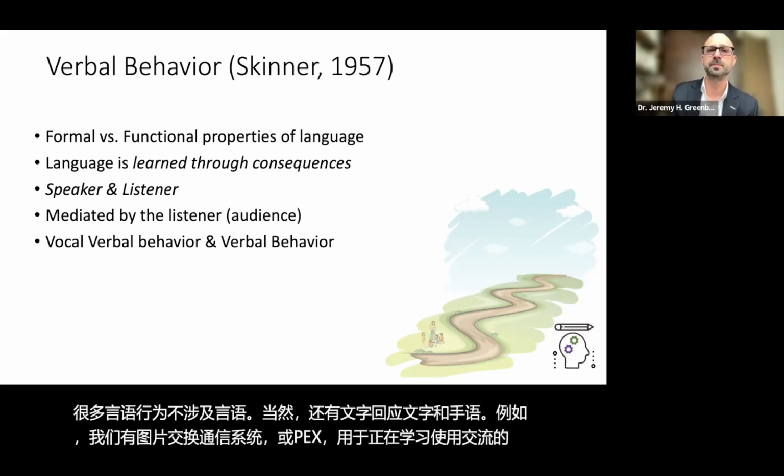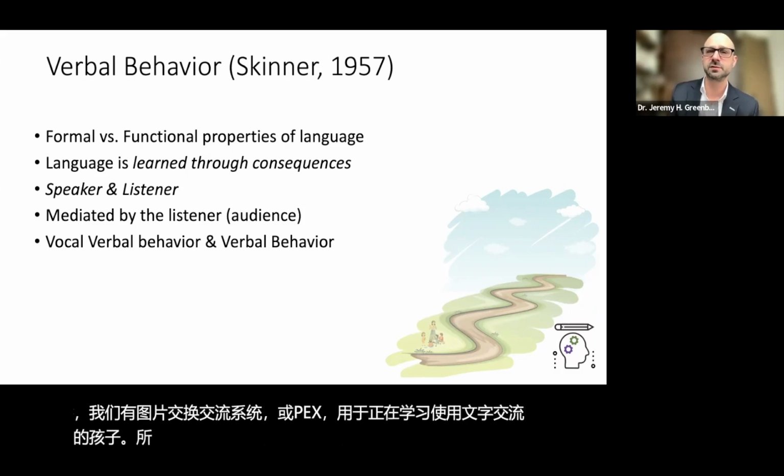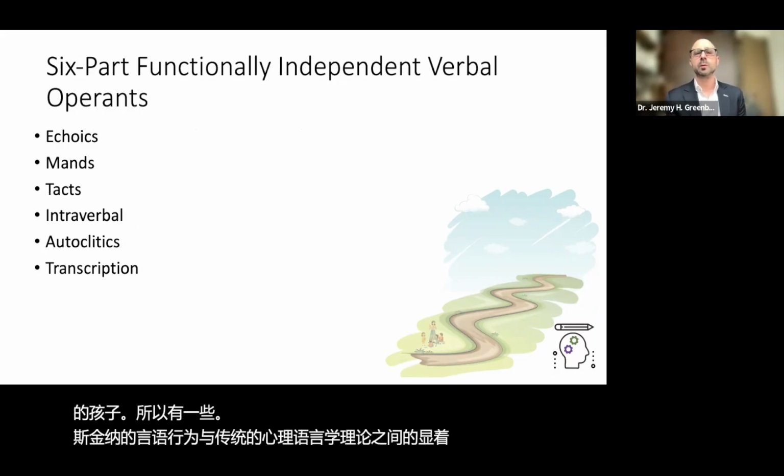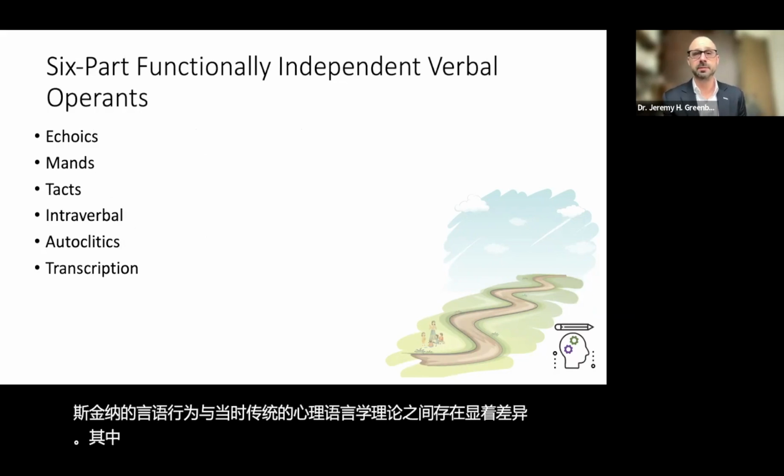So there were some significant differences between Skinner's verbal behavior and the traditional psycholinguistic sort of theories at the time. One of the big takeaways from B.F. Skinner's verbal behavior text was his description of the 6-part functionally independent verbal operants.